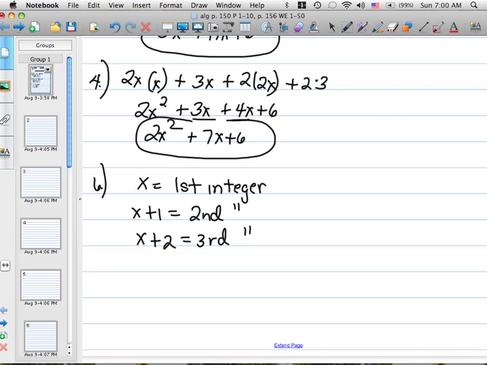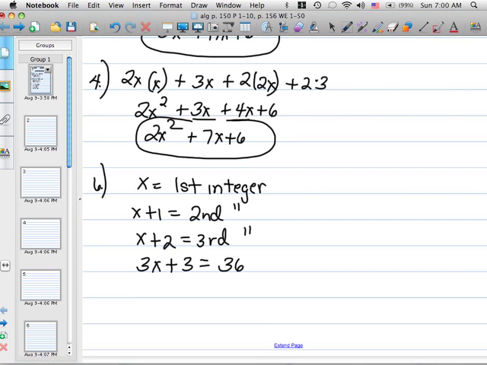And they want the sum to equal the square of 6. So if I add these together, I get 3x plus 3. And the sum equals the square of 6, which is 36.